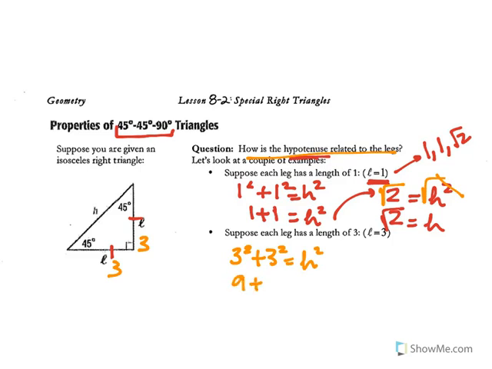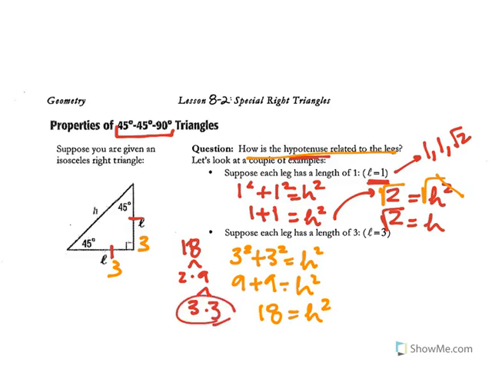So 3 squared is 9, 3 squared is 9, equals h squared. 9 plus 9 is 18, equals h squared. Well, good thing we've gotten super great at our factor trees off to the side. So I'm going to do 18, and that becomes 2 and 9 is 3 and 3. Whenever you have a match, you get to take it out. So I get to rewrite this as 3 radical 2 equals h.